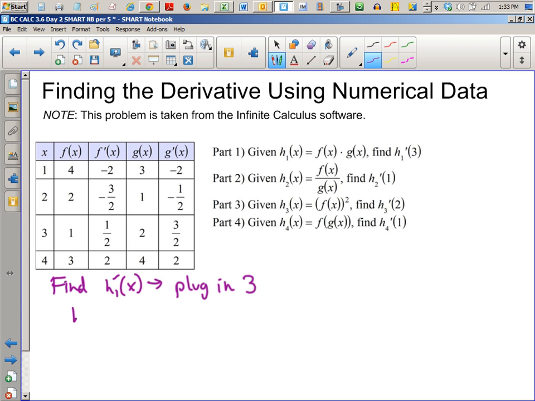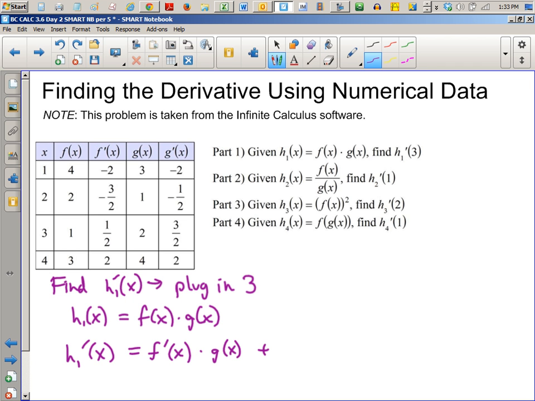Okay, so h1 is defined as f of x times g of x. So finding the derivative won't be very hard. That just means you're going to be taking the product rule. So h1 prime of x would be the derivative of the first function times the second function plus the derivative of the second function times the first function.